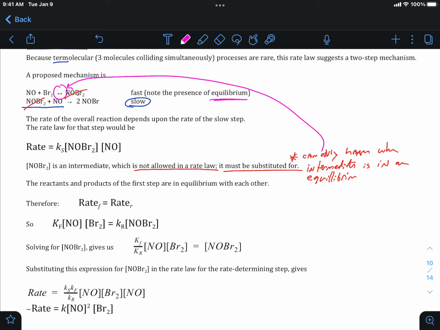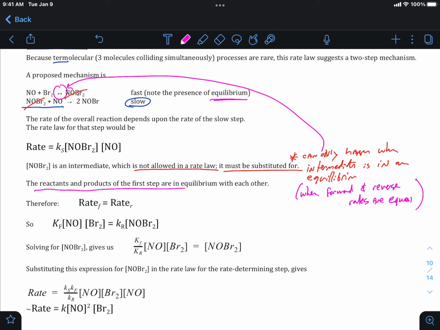All right, so what is equilibrium? Equilibrium is when the forward rate and the reverse rate are equal. Oh, well, it says that right here.